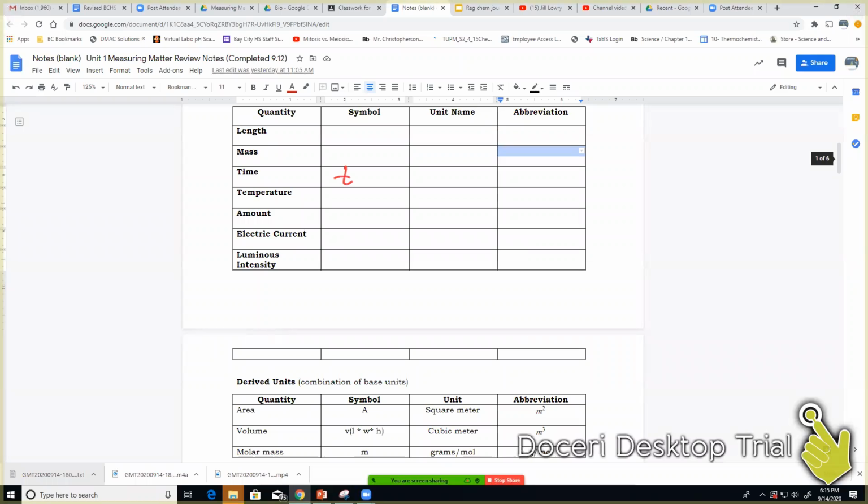Time, little t, seconds is the base, abbreviation of little s. Temperature, big T, we use Kelvin, K. Amount, little n, stands for moles, abbreviation mol. You'll probably be tired of moles by the time chemistry is through.